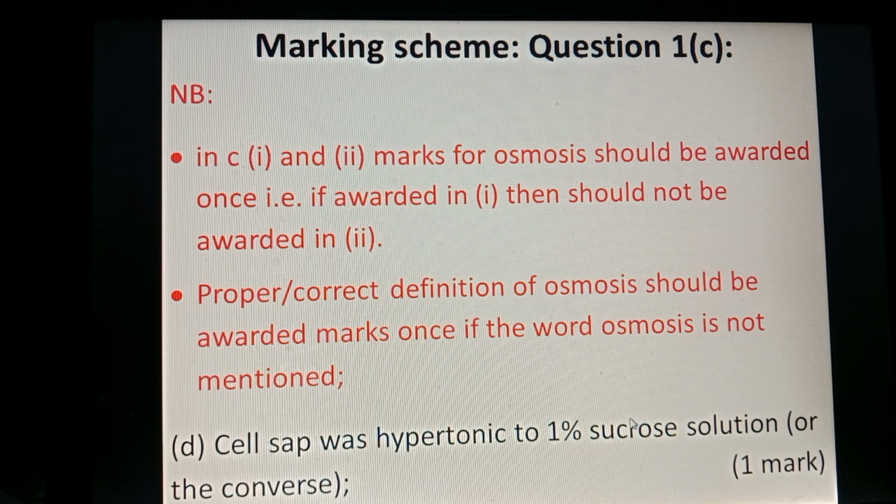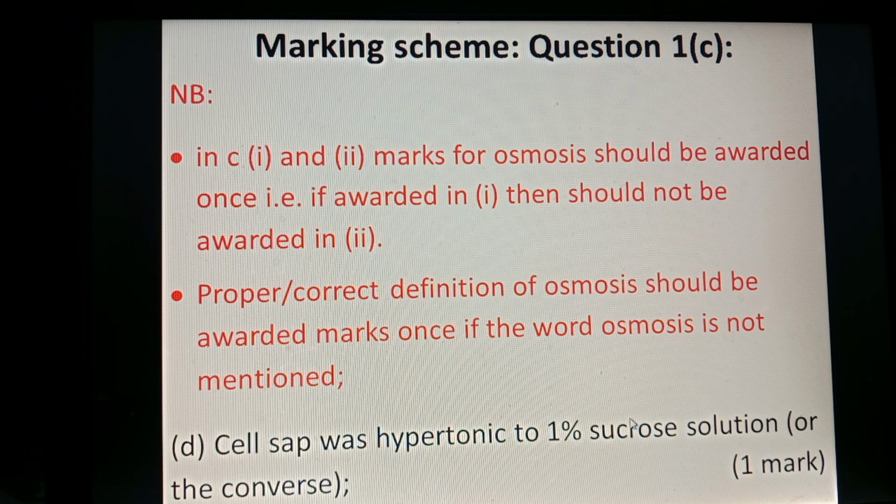This is something you have to note. In C1 and 2, marks for osmosis should be awarded once. If awarded in 1, then it should not be awarded in 2. That is the word osmosis.